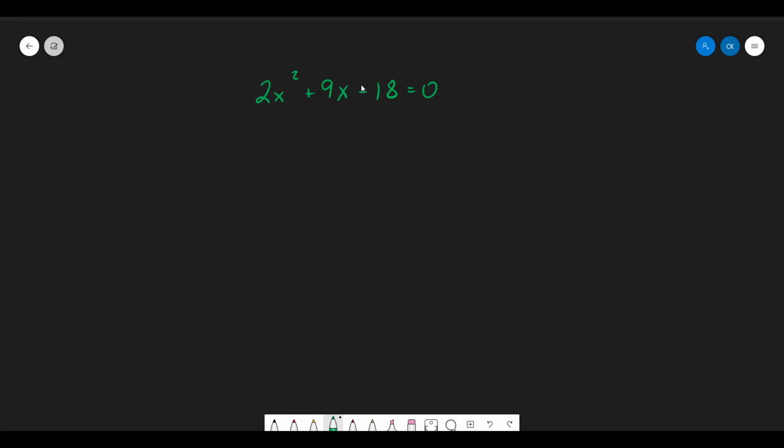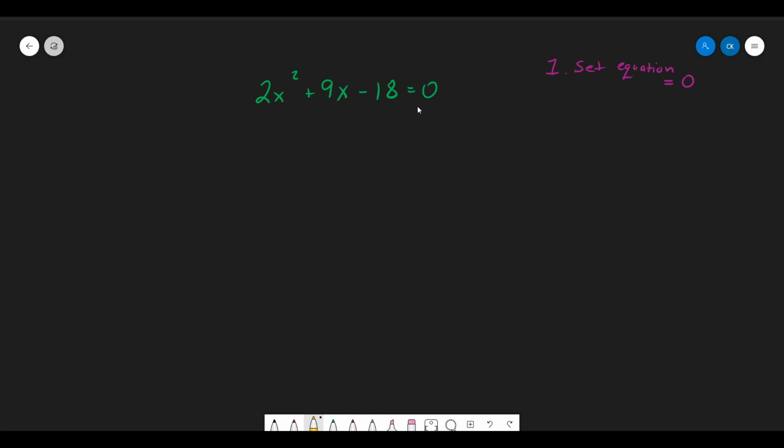Here, step 1 is to make sure it's set equal to 0. So I'm going to write the steps over here. Step 1, set the equation equal to 0. In this case, it already is, so step 1 is done.